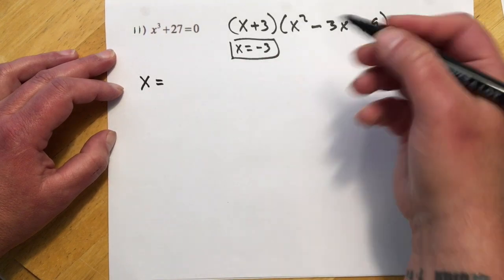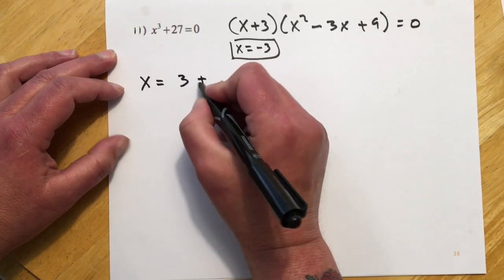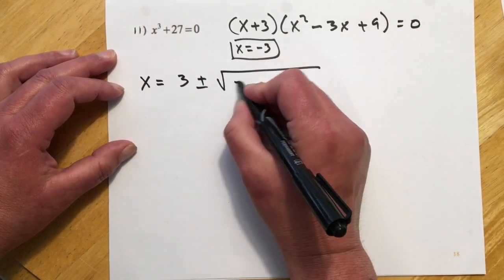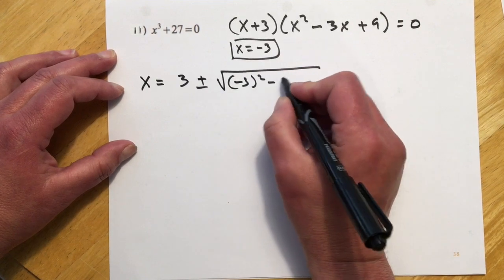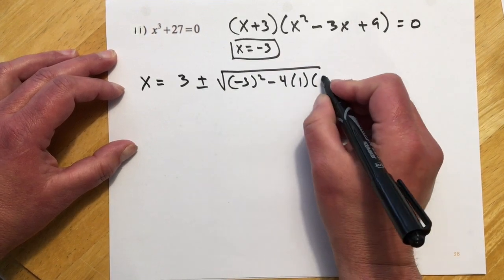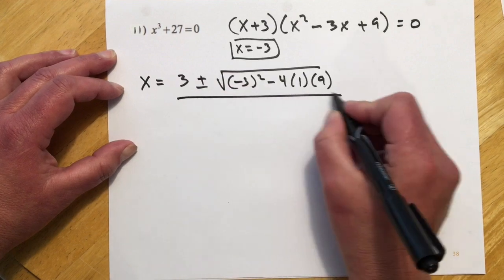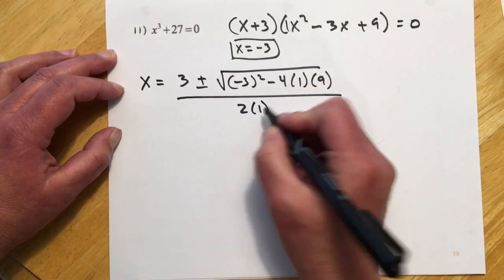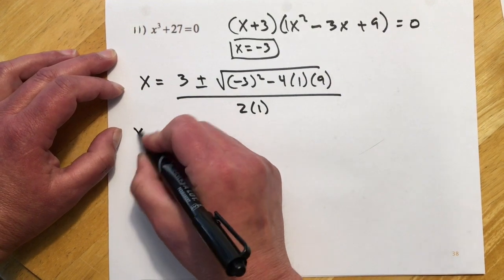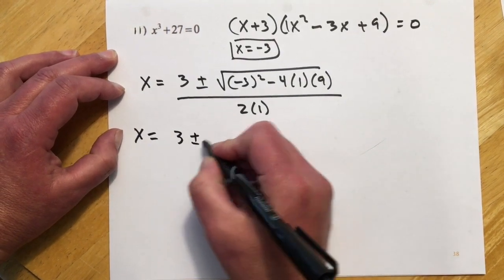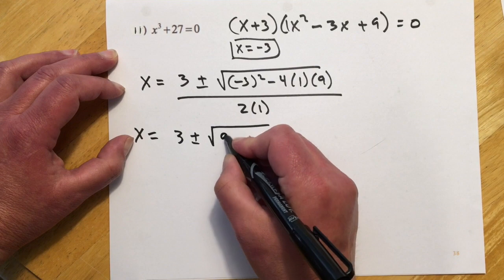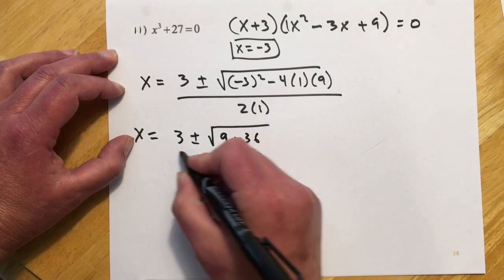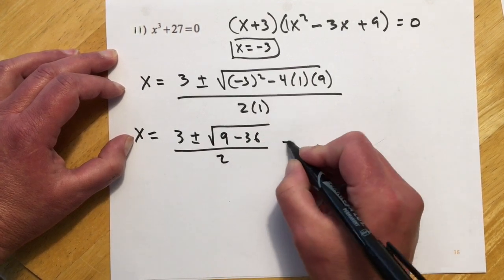So x equals negative 3, or 3, plus or minus negative 3 squared minus 4 times a times c, and that's all over 2a, and a is 1. So that's going to go x equals 3 plus or minus 9 minus 36 over 2.